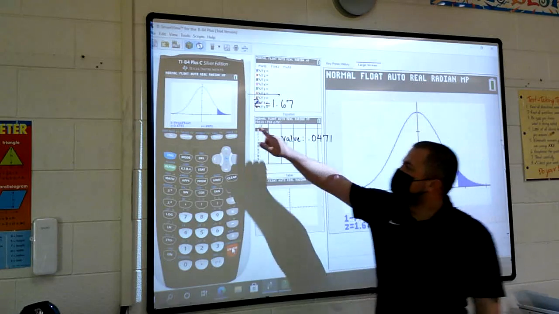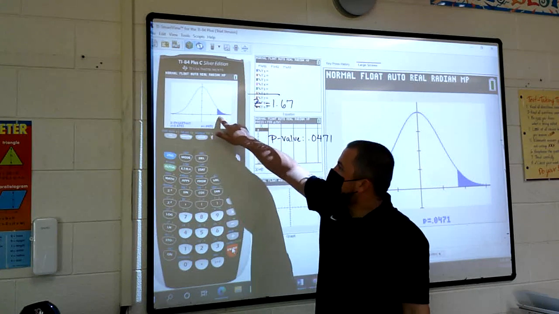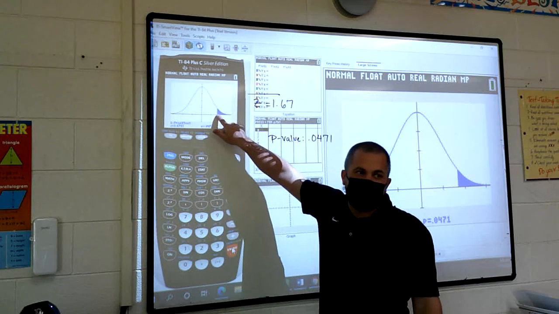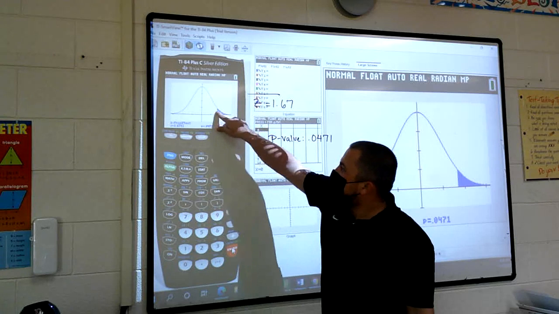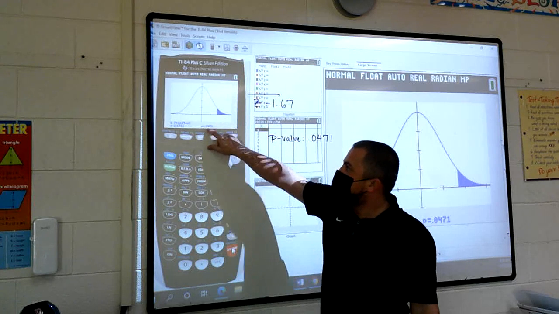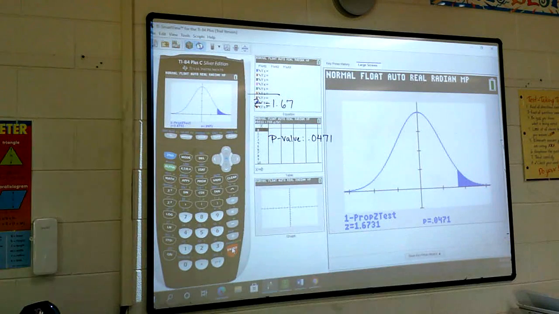So see how you get a z-score that's almost 2 standard deviations above the mean, and it's shaded greater than, so it's shaded right in this area. The area that's shaded is 0.0471.